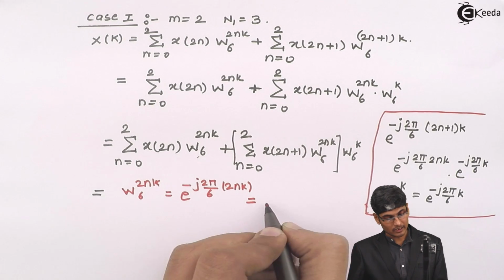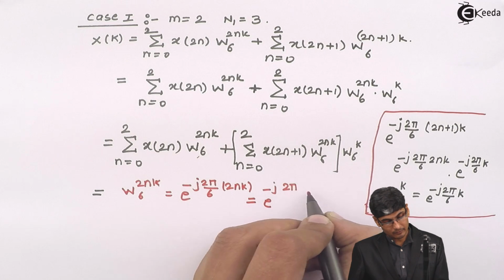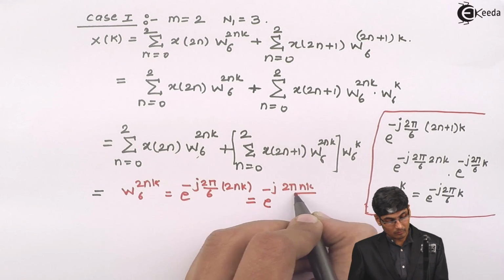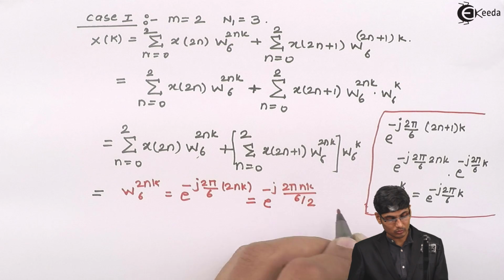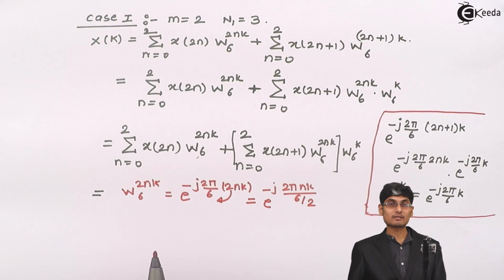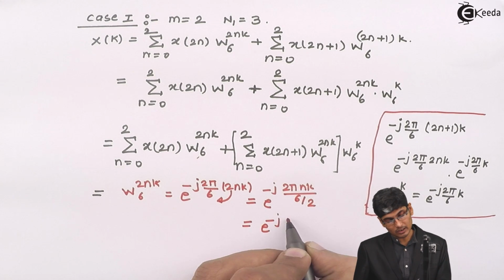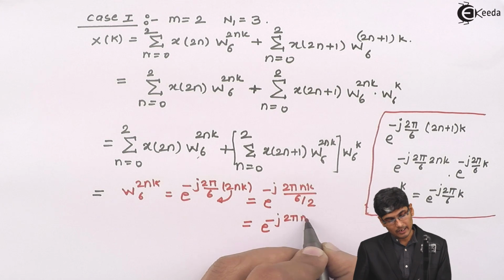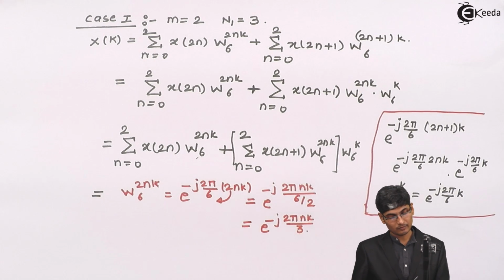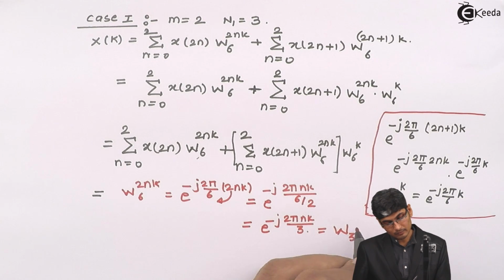The same thing I can write as e raised to minus j 2 pi nk by 6 by 2. I am getting this 2 in the denominator of 6. This will result into e raised to minus j 2 pi nk by 3. This is nothing but w 3 raised to nk.